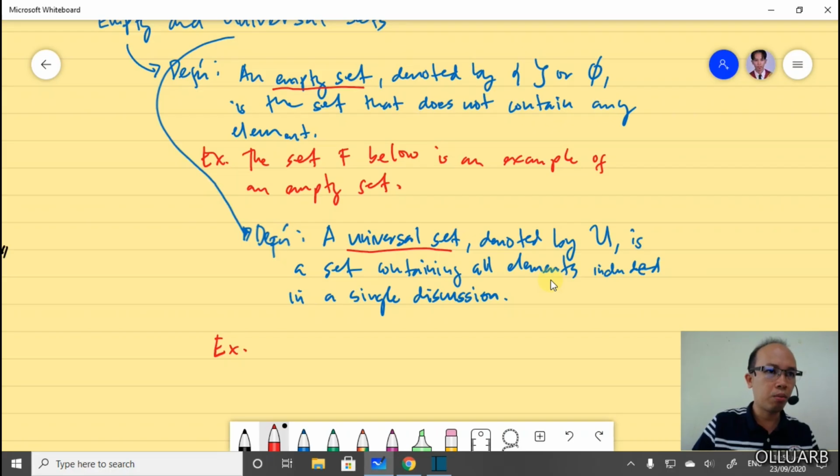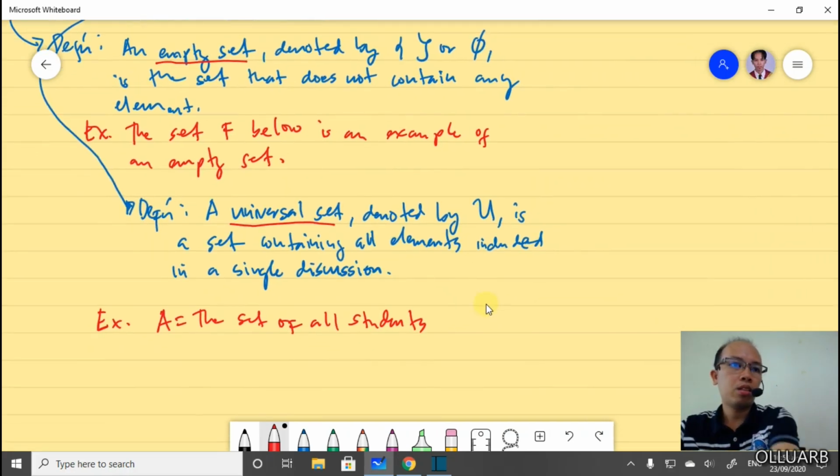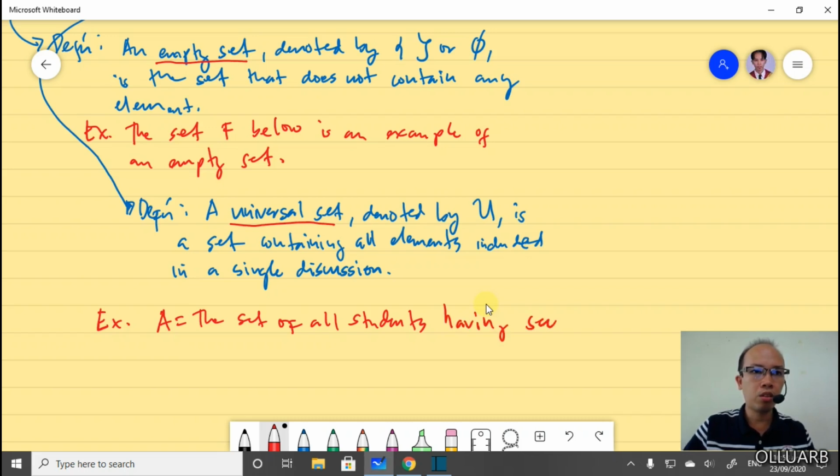So for example, let's have this illustration. If you have a set A, which is the set of all students having a section code, let's say, code OA1A.